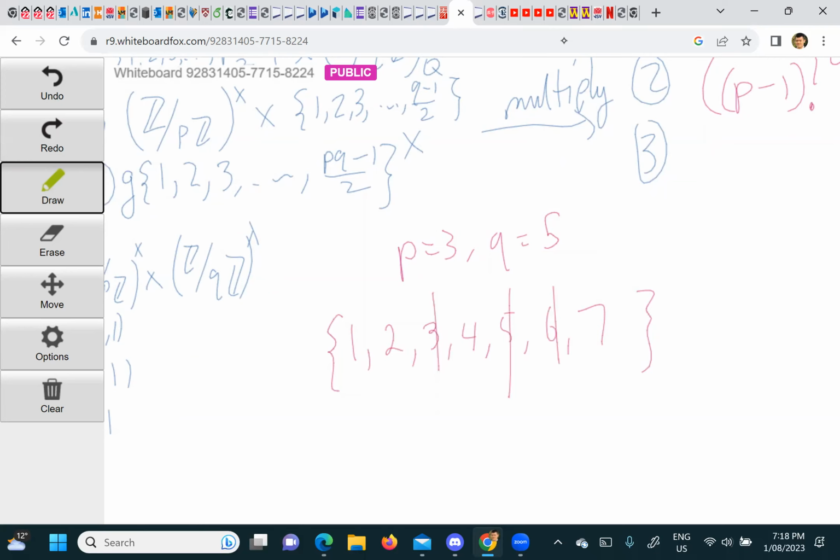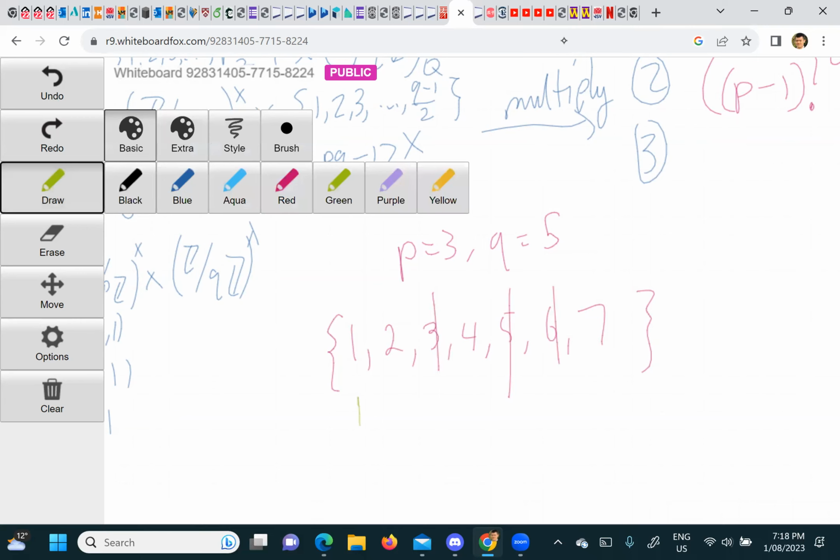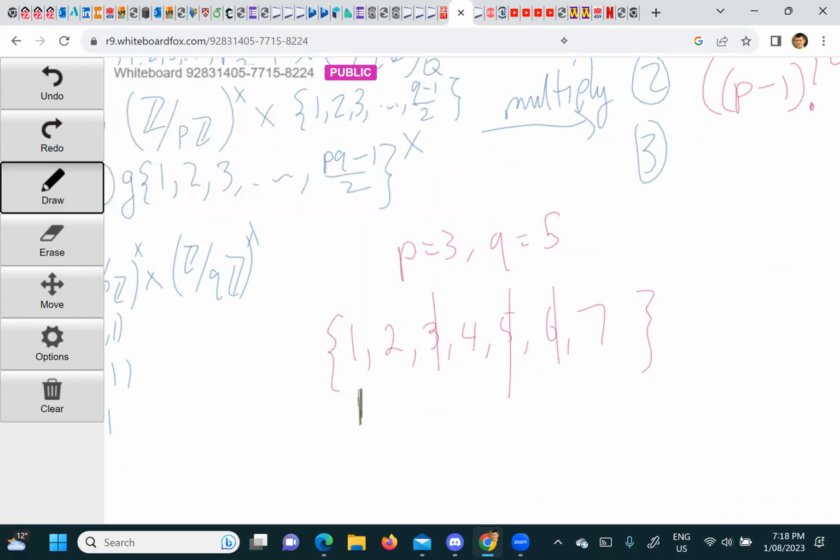So let's have a look at this from the point of view of mod p. If you do this mod 3, you get 1, 2, and then 3 is just reset at 0, and you get 1 again.